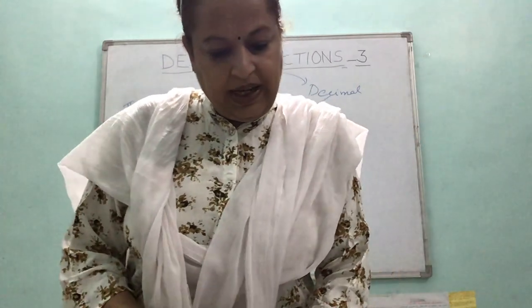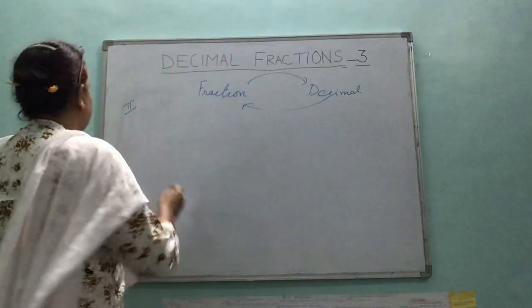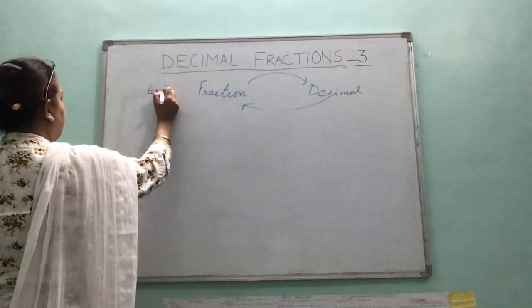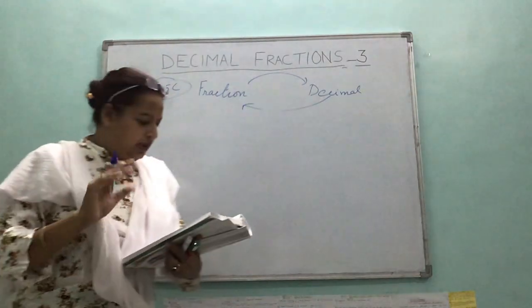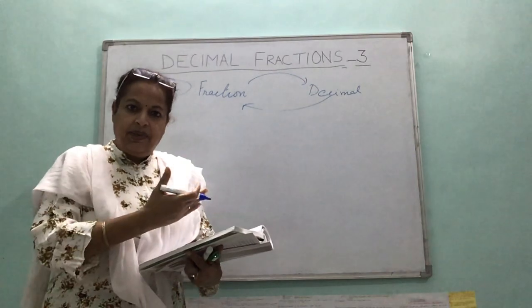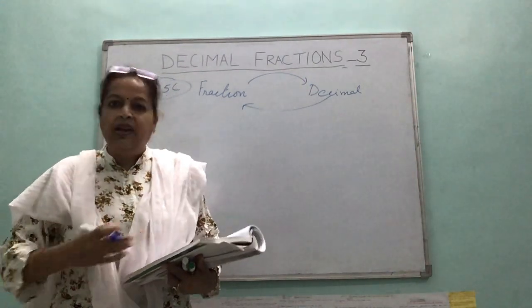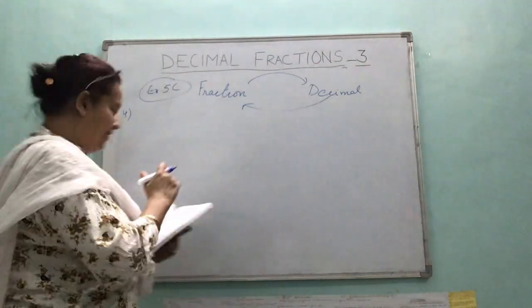Working would be very easy. So I will take up second, fourth. This is my exercise number 5C, question number 4. Question number 1, 2, 3 also I will take up. Since I am explaining the mixed fraction to be converted to decimal, I am taking questions from your book. But working is same as the previous one, right?